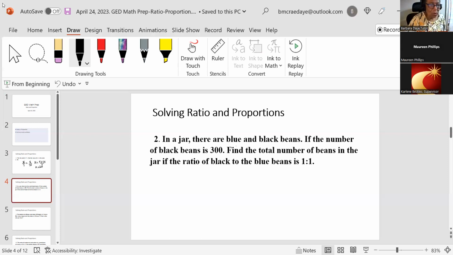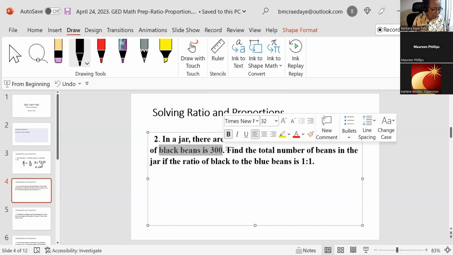Listen to me now. If the ratio of black to blue beans is 1 to 1, what that means is that the number of black beans equals the number of blue beans. You are told the number of black beans is 300. So what's the number of blue beans?